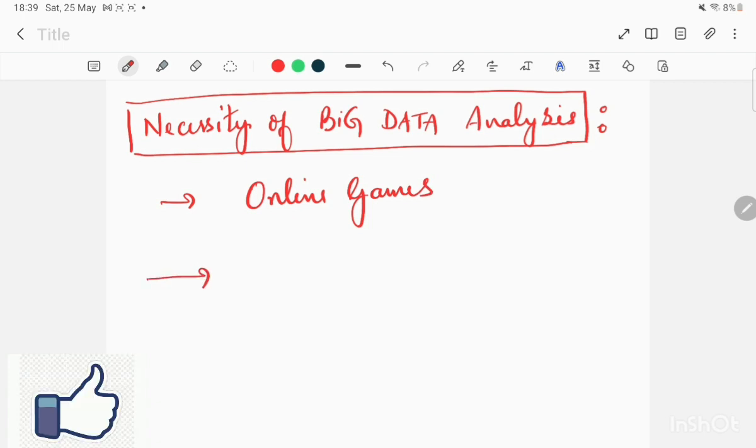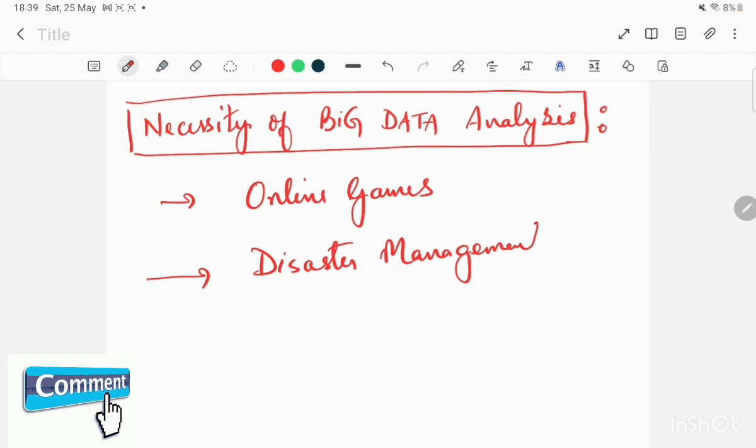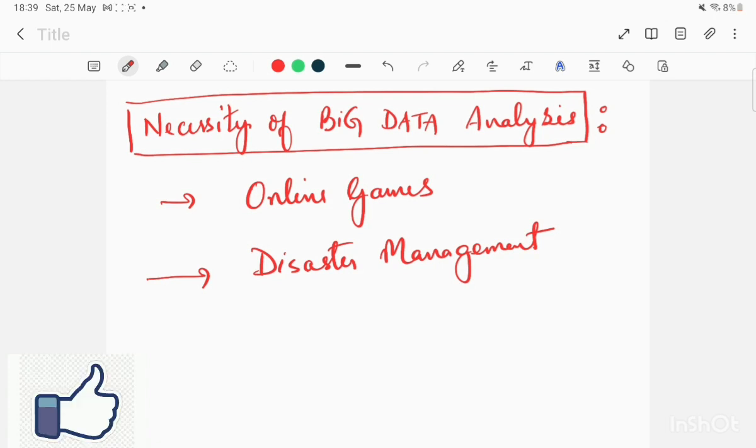The first example is about online games. Next, a more important one, is disaster management. Big data can be helpful in disaster management. It can be used for better understanding of the storm effects on various regions of a country. Suppose there is a storm warning, or a natural calamity warning.